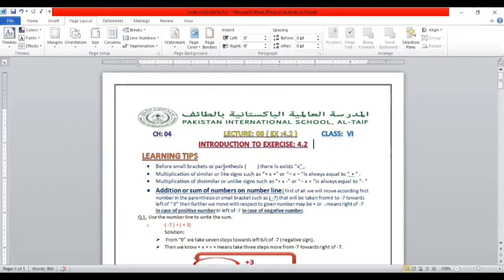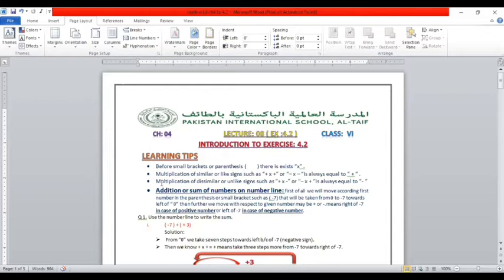First point, before every small bracket like this, there exists the sign of multiplication. Second point, multiplication of two similar signs, like plus multiply by plus or minus multiply by minus, is always equal to plus.